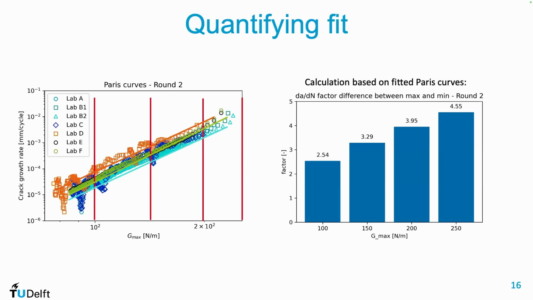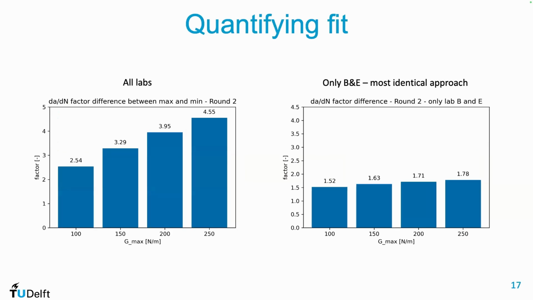Again, from the same experiment. And even if you look only at labs B and E, which were the most consistent in the approach, you still see a 1.5 to 1.75 factor difference in minimum and maximum predicted crack growth rates. Probably we're now down to rounding errors or really details of how the fit was done.